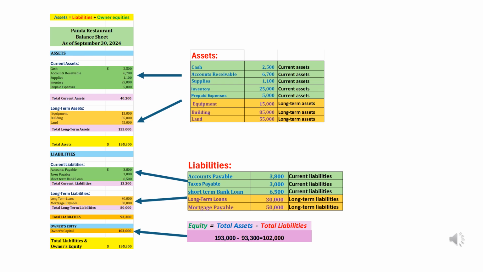Compute owner's equity, using the equation total assets minus total liabilities. 4. Finally, add total liabilities and owner's equity to confirm that the equation balances. This format presents financial data in a structured vertical format, making it easier to interpret. Regardless of the layout, the goal remains the same, ensuring both sides are equal to maintain a balanced financial statement.